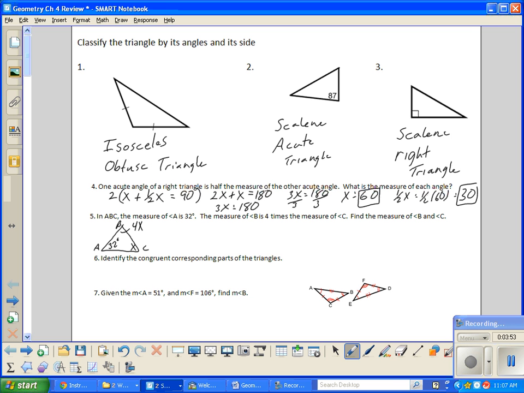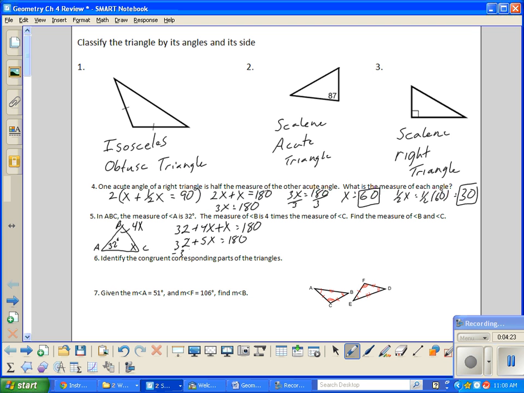And we know that all three angles of a triangle have to add up to equal 180. So 32 plus 4x plus x has to equal 180. Or, 32 plus 5x equals 180.